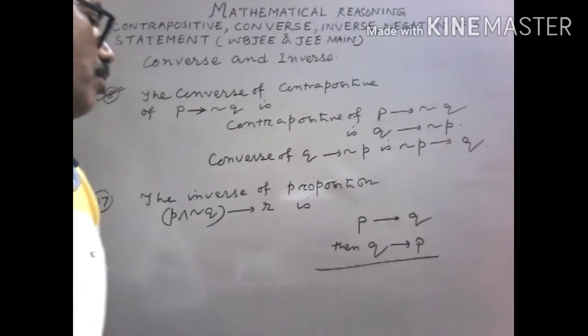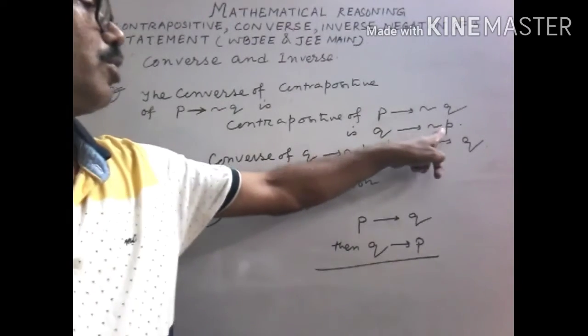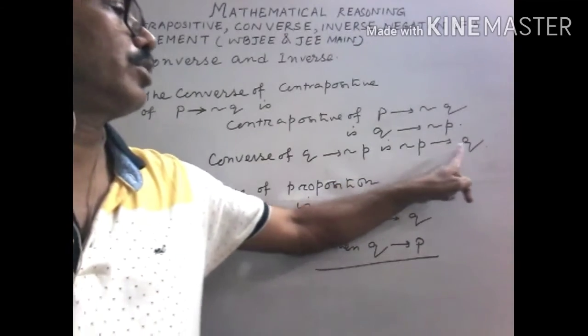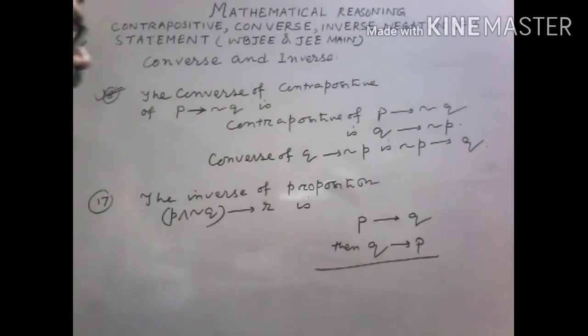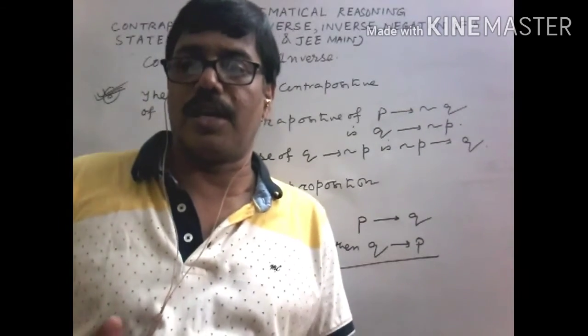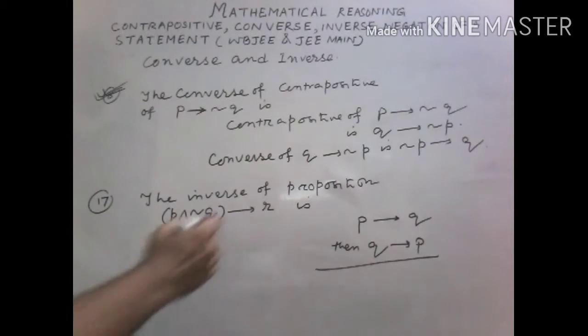This is contrapositive. And what is converse? So this comes to left hand side, so reverse. So negation P arrow negation Q. So this is converse.